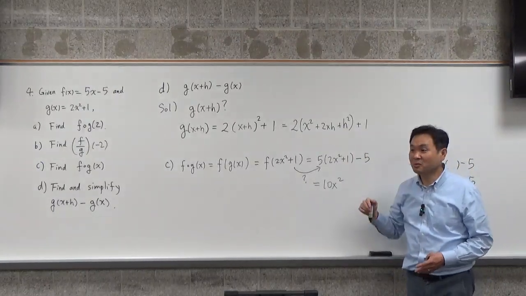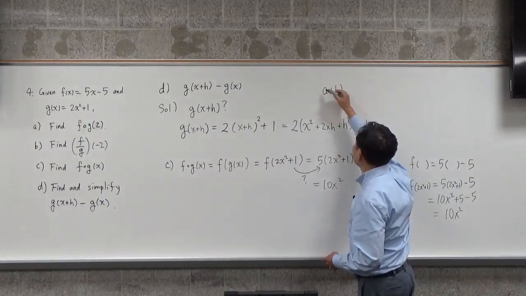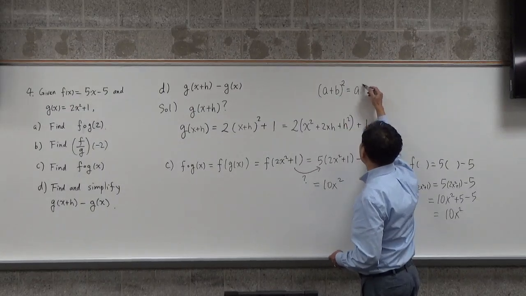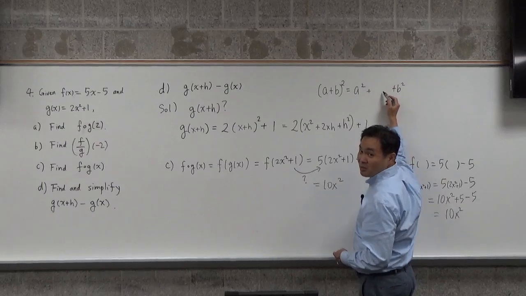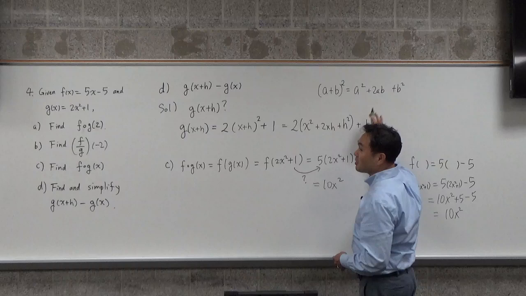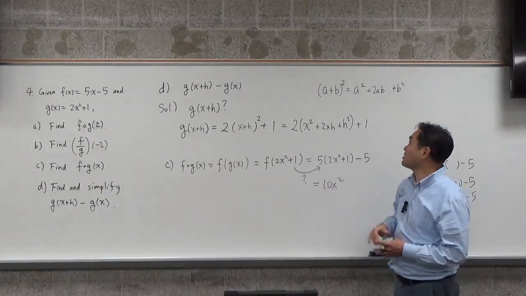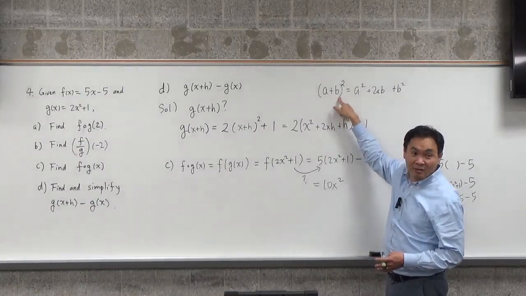Where's that coming from? Well, I yelled and screamed several times in this class to say a squared and then b squared, and then there's something in between, right? What's in between? 2ab, right? And I kept screaming, double what? Double the product. See, product means multiplication. So you multiply a and b, right?